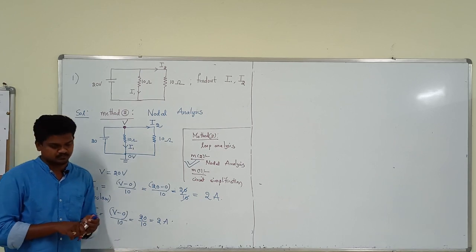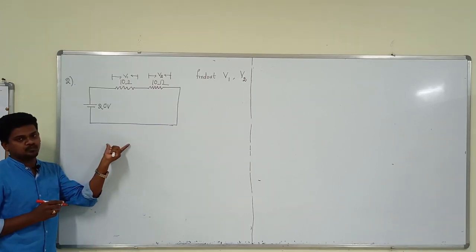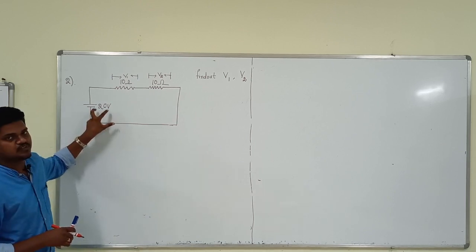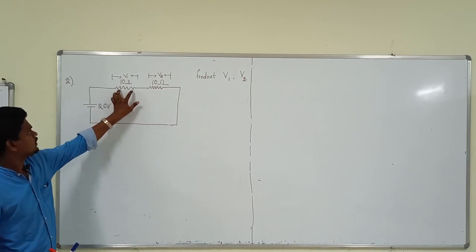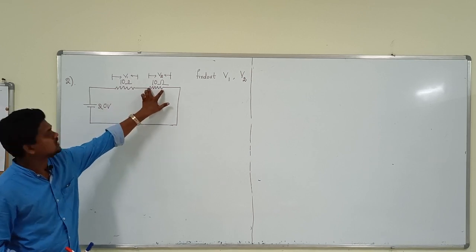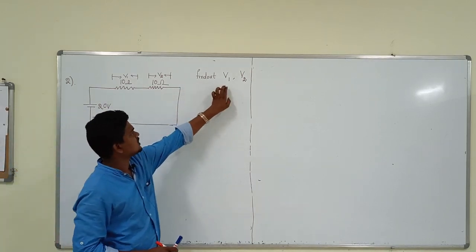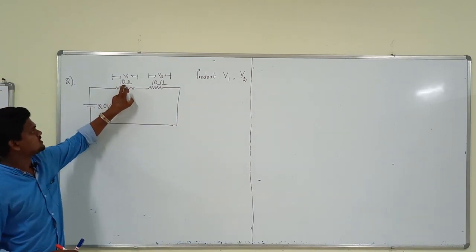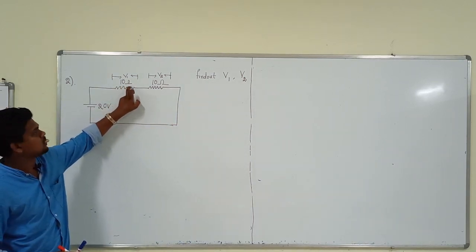Okay, the second problem. The second problem is given a 20 volt source and two 10 ohm resistors connected in series, and we are asked to find V1 and V2. V1 is the voltage across the first 10 ohm resistor.